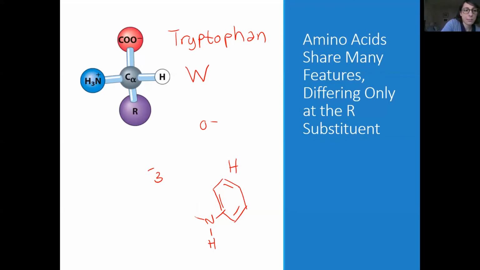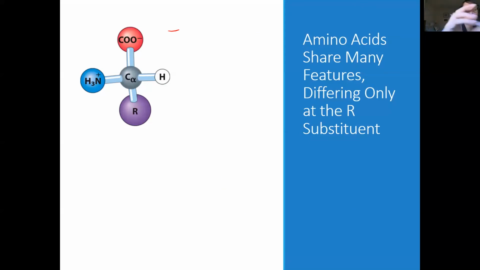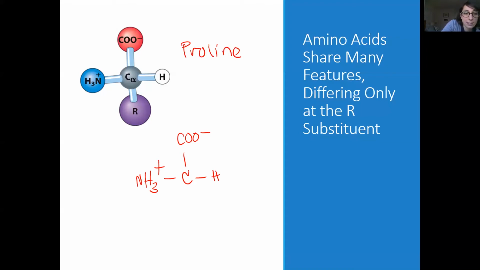Okay, the next one up is proline. Proline is going to have its special linker.